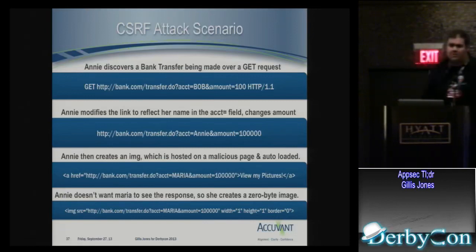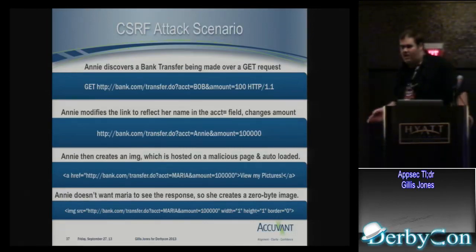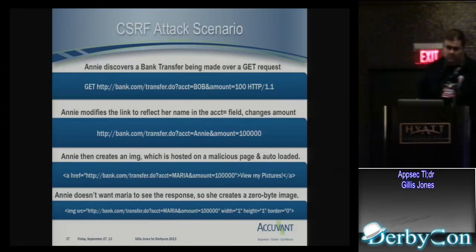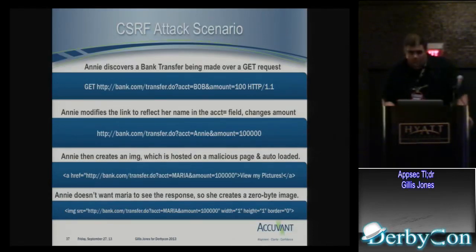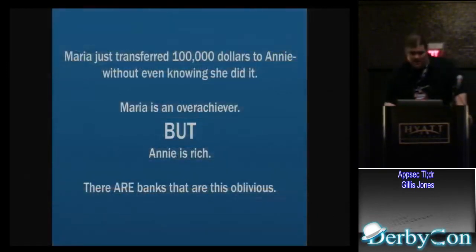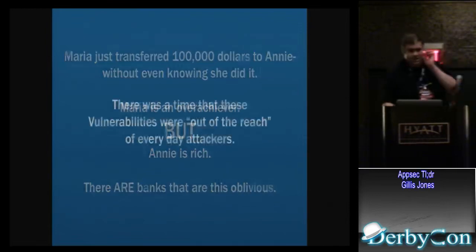And when it's loaded up by Maria, it automatically transfers $100,000 to Annie's account. And all this is done without Maria's knowledge. Maria's an overachiever. She has hundreds of thousands of dollars, but Annie's rich from 10 seconds of work. And there are banks that are that oblivious.